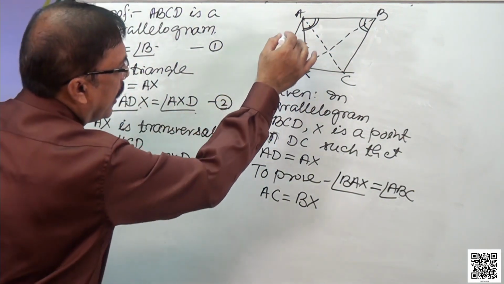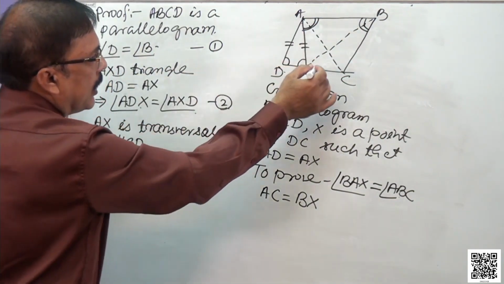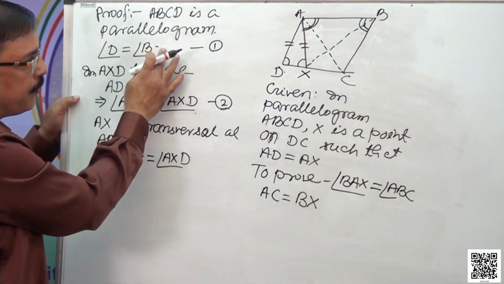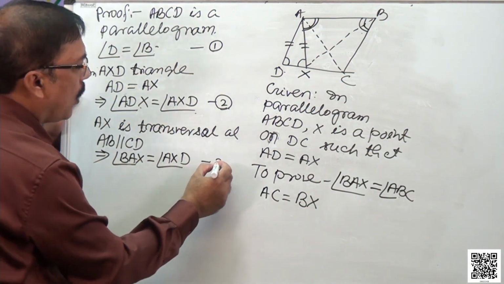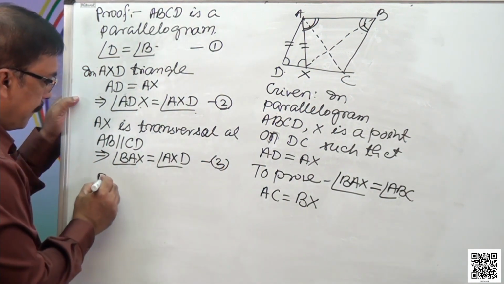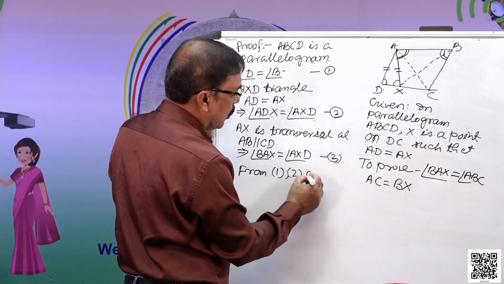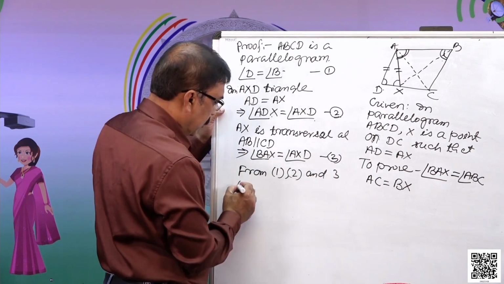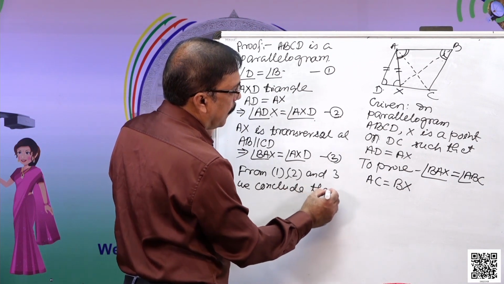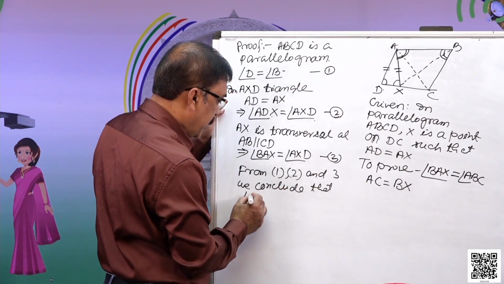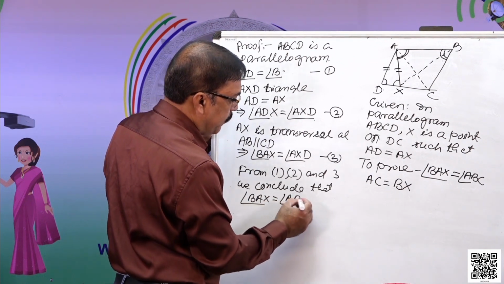ADX is equal to angle B. So angle B is equal to angle BAX. So from 1, 2 and 3, we conclude that angle BAX is equal to angle ABC.